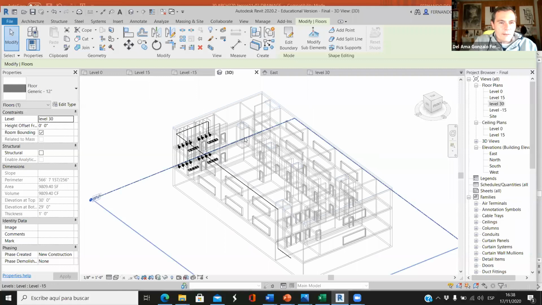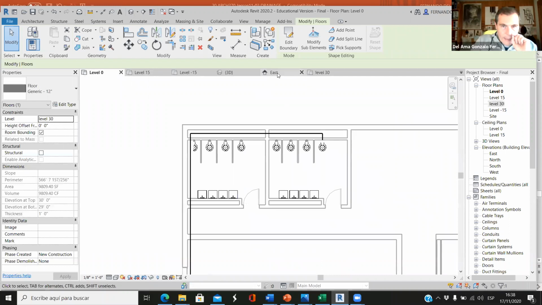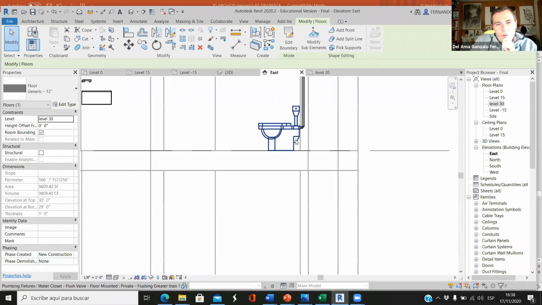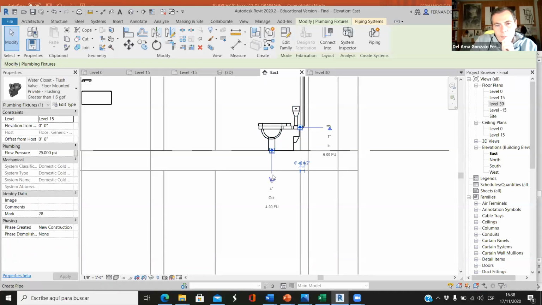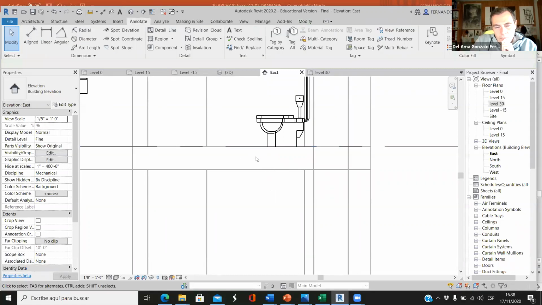Then we have to design the system, looking at this east elevation. For the sanitary system, there should be a trap here in the toilet, and then we have to go down beyond this slab, you see, so we cannot go through the slab.